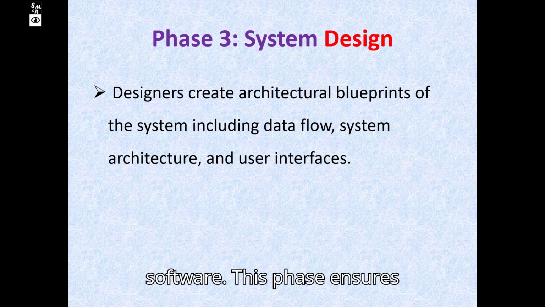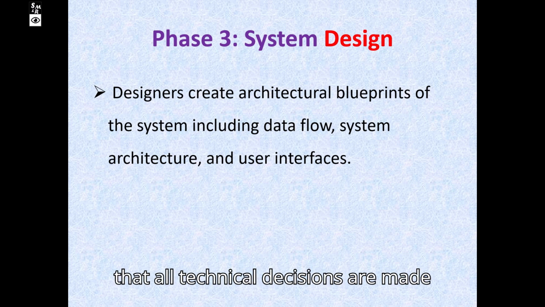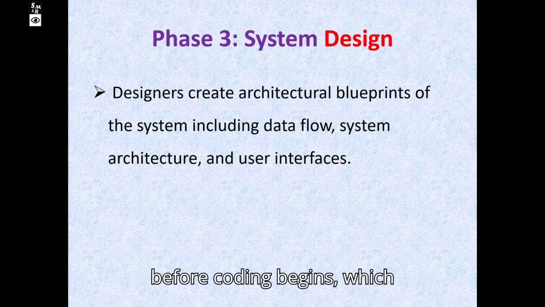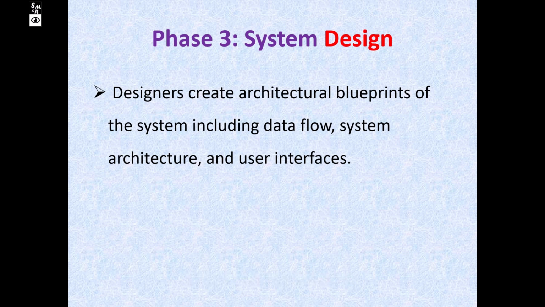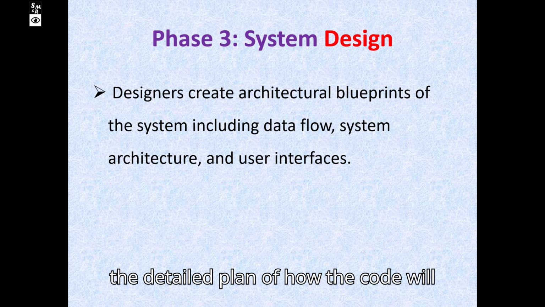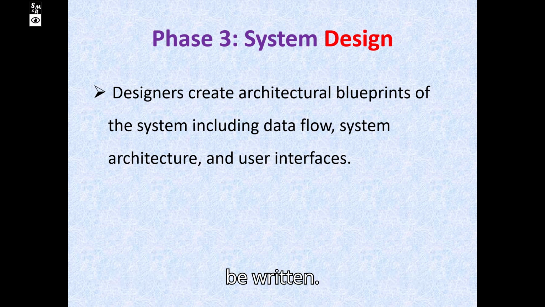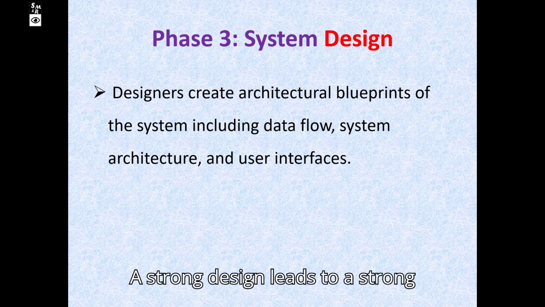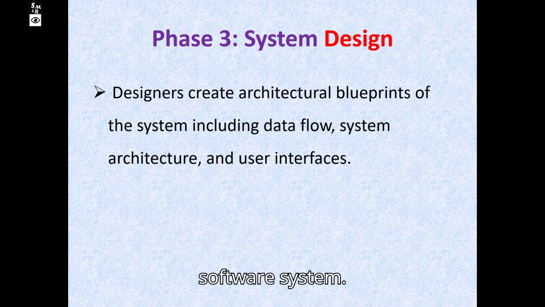This phase ensures that all technical decisions are made before coding begins, which reduces confusion and mistakes later. So remember, design is not the code itself. It is the detailed plan of how the code will be written. A strong design leads to a strong software system.